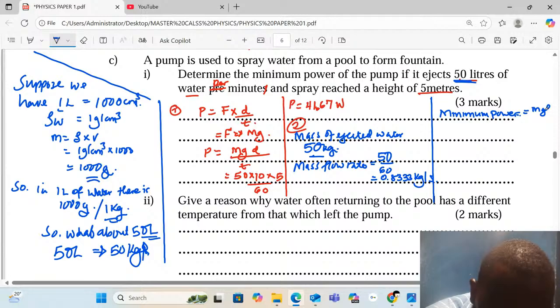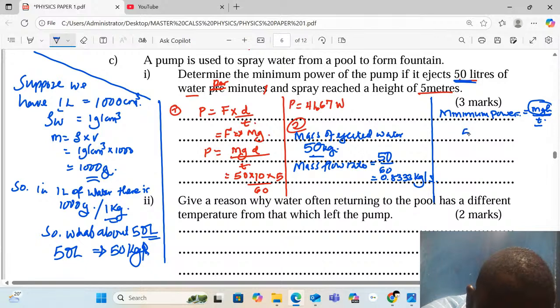You divide by T, because we are looking at the power. At the top we'll have the energy, then the moment you divide by T, we get the power.